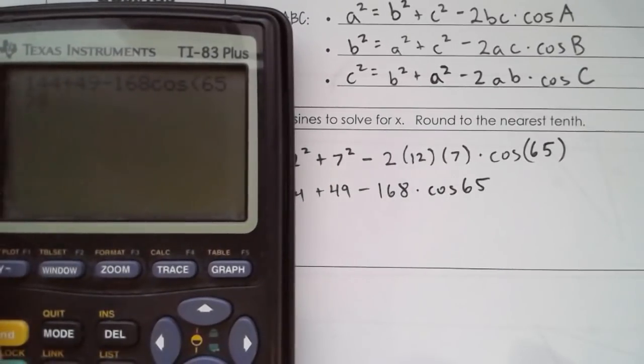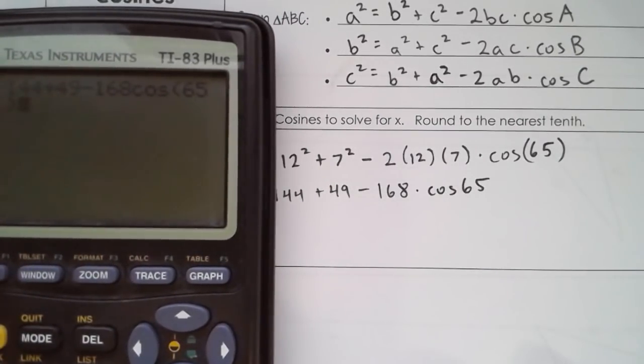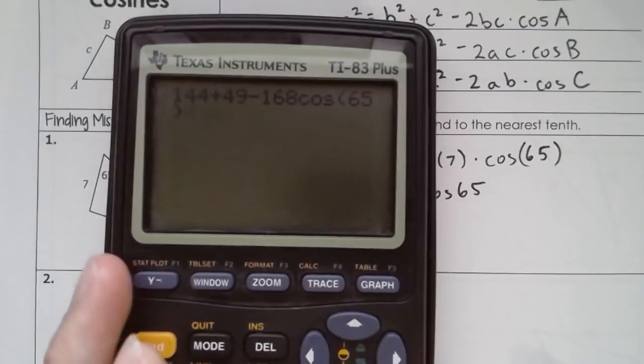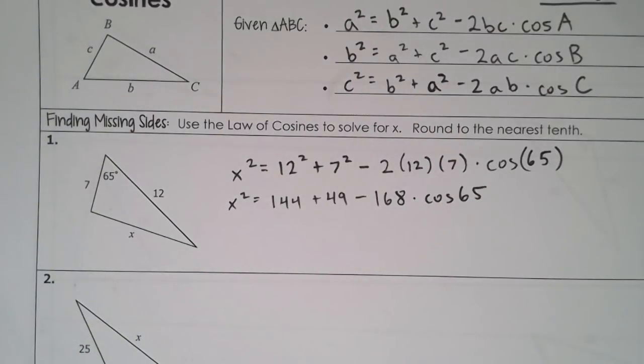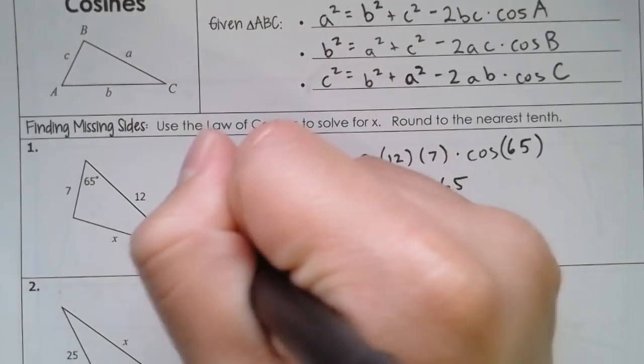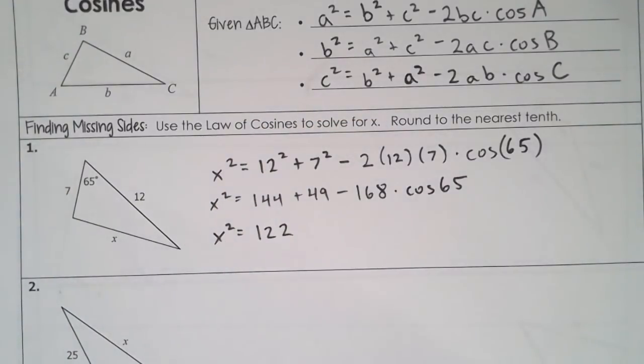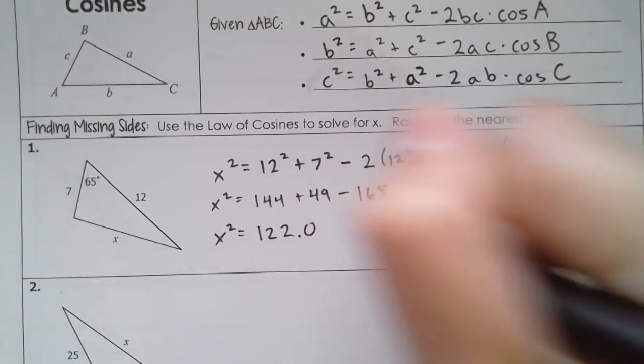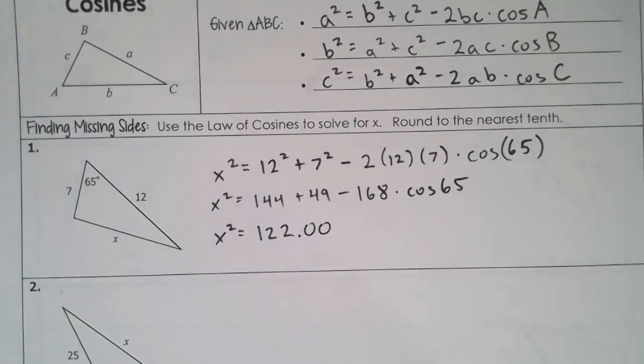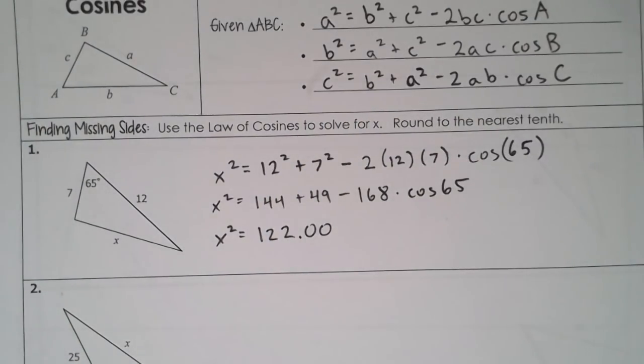If you guys can see that, that's exactly what we have there. You're going to hit enter, and you're going to get 122.000 something. So x squared, if you round to the nearest tenth, is equal to 122.0, let's say 00, just to show the reader that we're rounding, and we got 122.